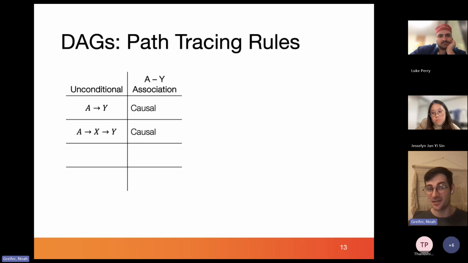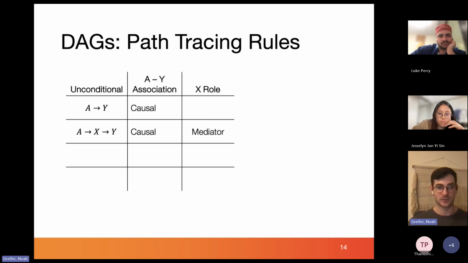If A causes another intermediate variable X, which also causes Y, then A also causes Y. A would be associated with Y, and that association is causal. And we call X, in this case, a mediator. So for example, if the way a medicine works is by increasing some process in the body, which yields some outcome, that activation of that intermediate process is the mediator. And the medicine still causes the outcome, but it does so through this other variable, the mediator.